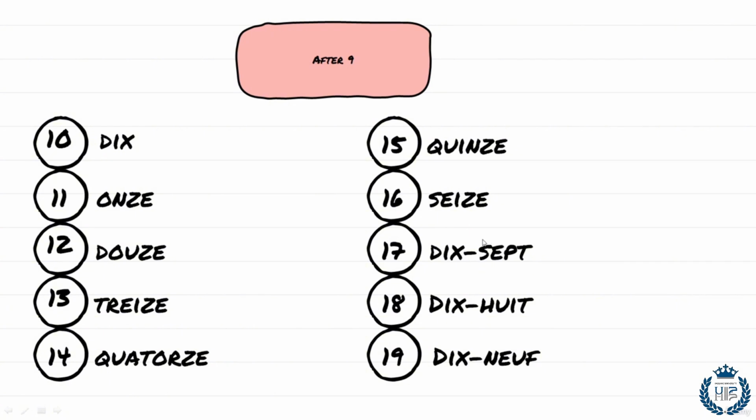Okay, now let's look at the numbers after 9. We have these numbers from 10 to 16, and they're irregular, so you just have to memorize them. But after a while you will see, for example, let's take 17: 10 is dix and 7 is sept.